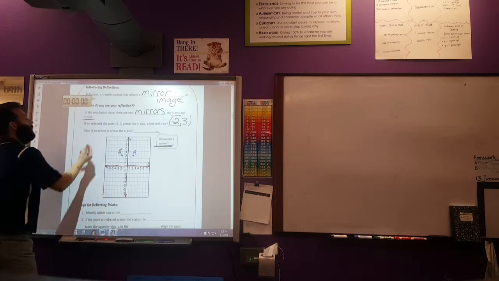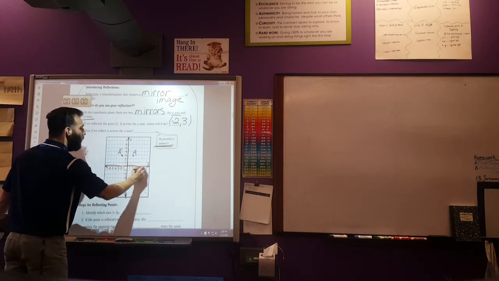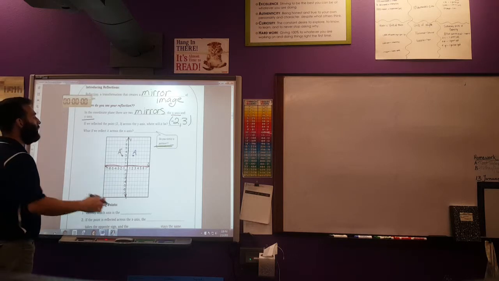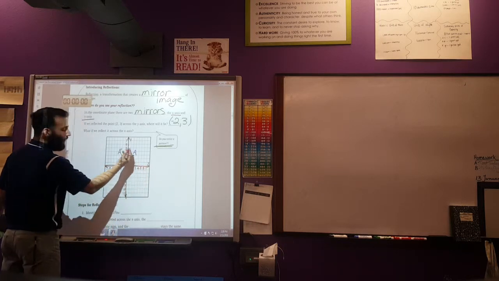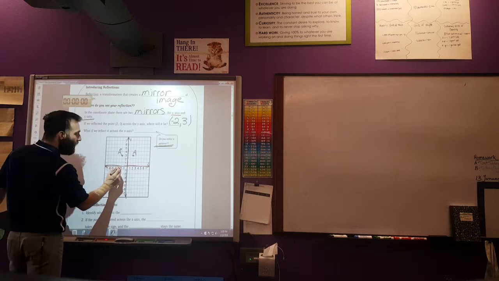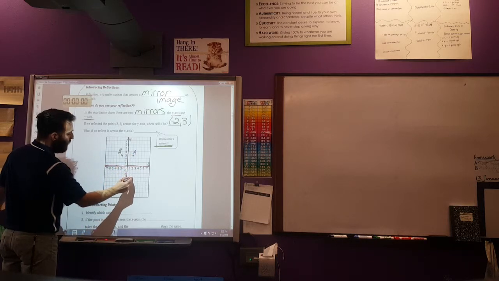Now, what if we wanted to reflect this across the x-axis? Remember, the x-axis is the one that runs horizontally from left to right. Now, if this is the mirror, it's going to end up somewhere on the opposite side. So I know that it'll still be at 2, but instead of jumping up 3, I need to jump down 1, 2, 3.